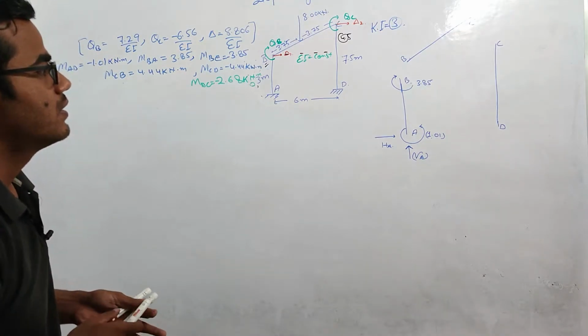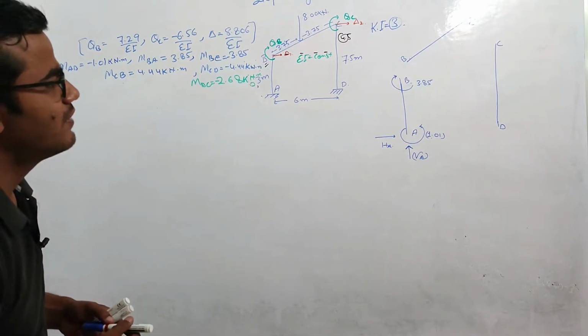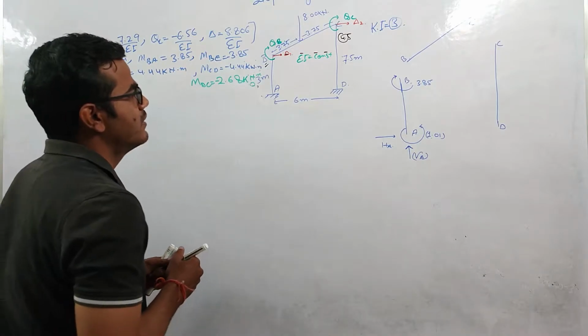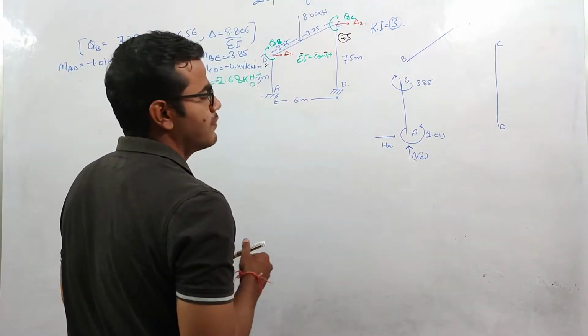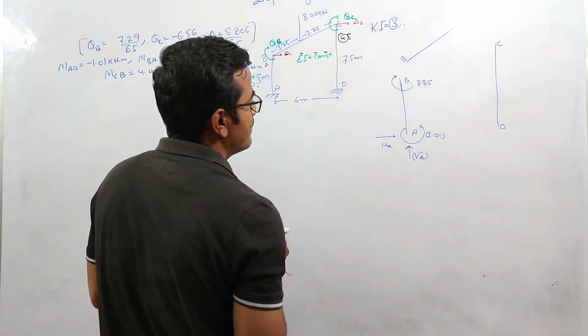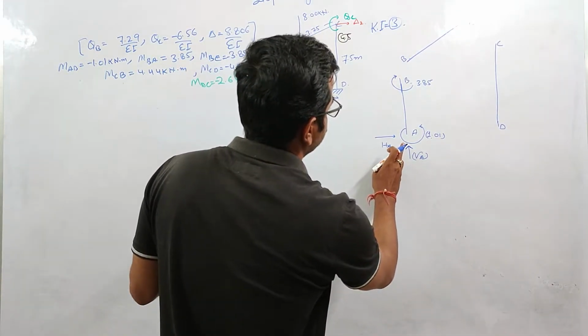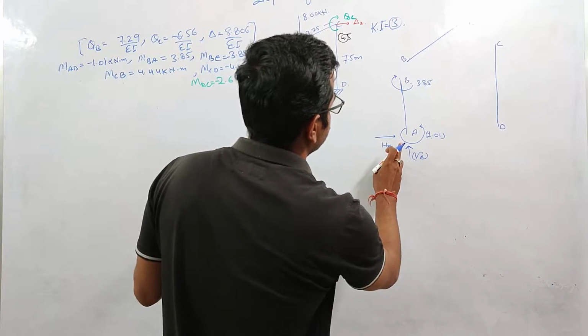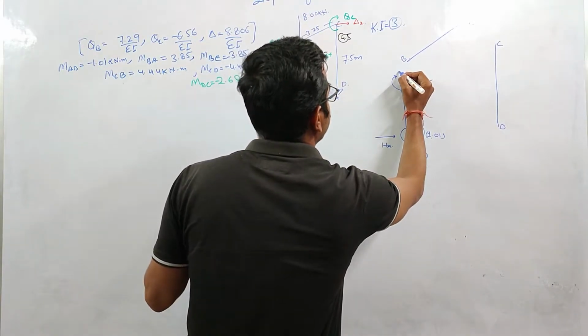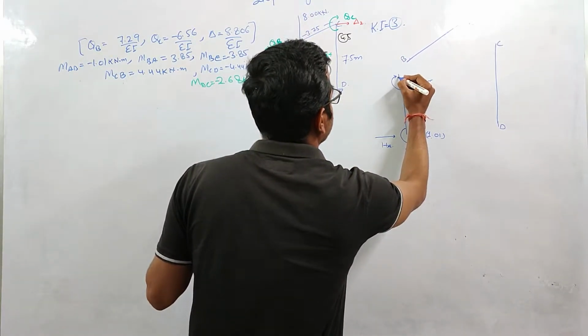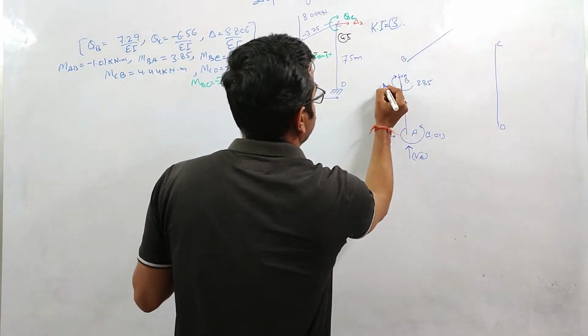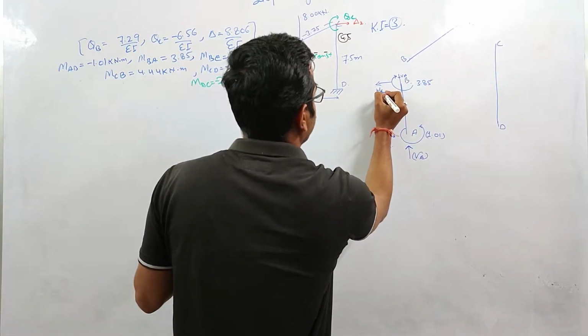So let us find HA and VA first. Here we will use the concept of statics. Let us find this: there will be some reaction VA at this point, and HA acting over here.